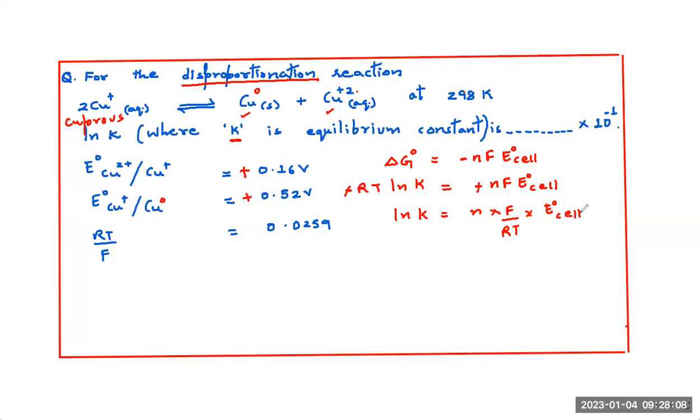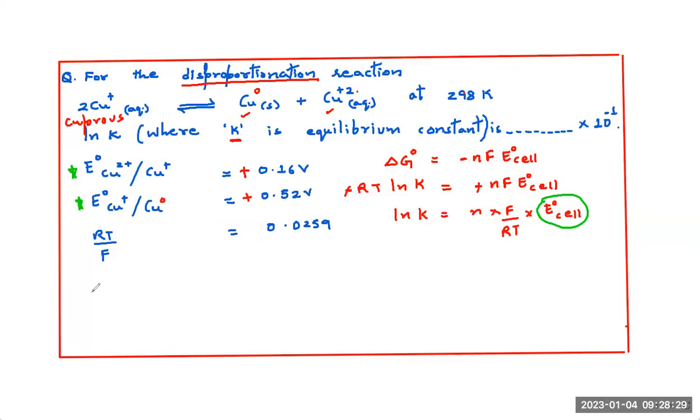So the first thing we want to find in this question is E naught cell. So I'm finding E naught cell. The very first thing we need is to find E naught cell. That is this value. And I have to find E naught cell from these two pieces of information provided to me.